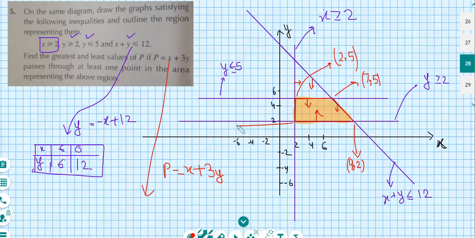And the fourth one is 2, 2. So put these 4 points one by one, and the greatest answer will be the greatest value.